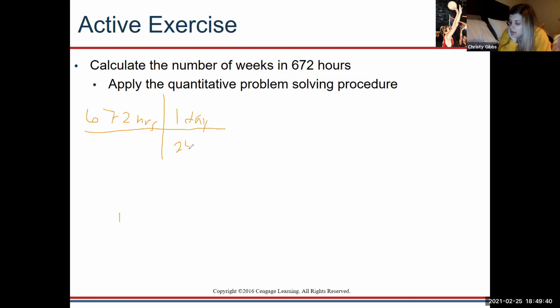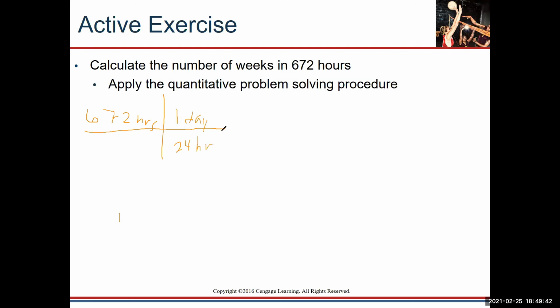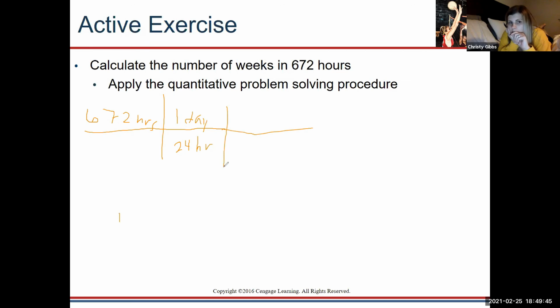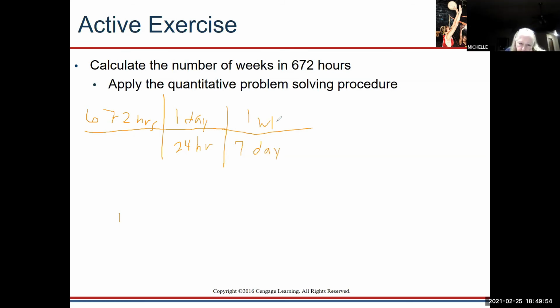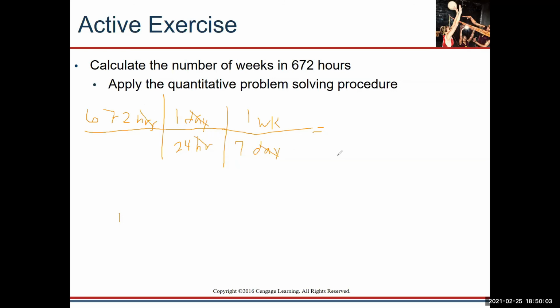And then put a line, and 7 days or 1 week, with week on the top. Cross out day, hour. Okay, multiply 672 by 1 and 1, which is 672, and then multiply 24 by 7, and then divide.